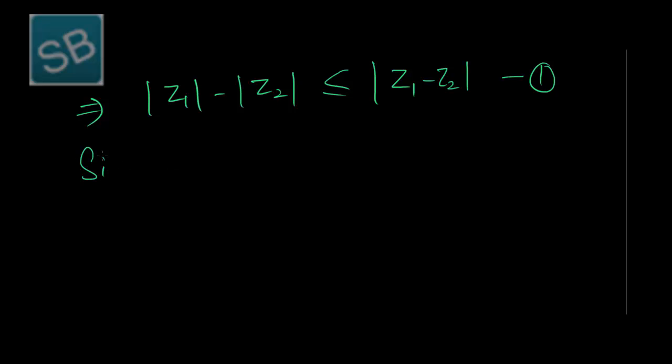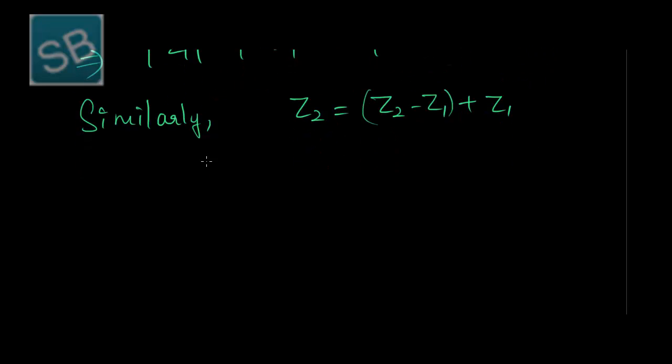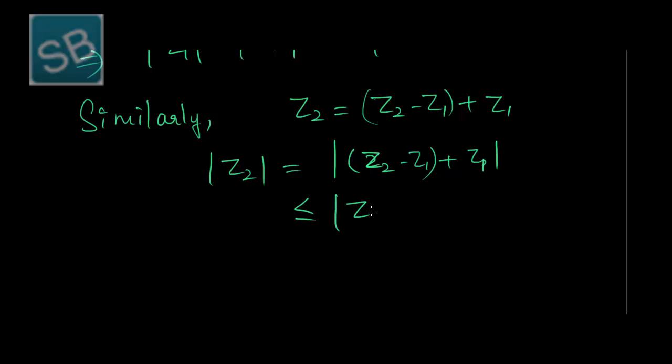Similarly, Z2 is equal to Z2 − Z1 + Z1 by taking this as one pair. So now taking the modulus of this, |Z2| is |Z2 − Z1 + Z1|. So by using property number 9, it is less than or equal to |Z2 − Z1| + |Z1|.